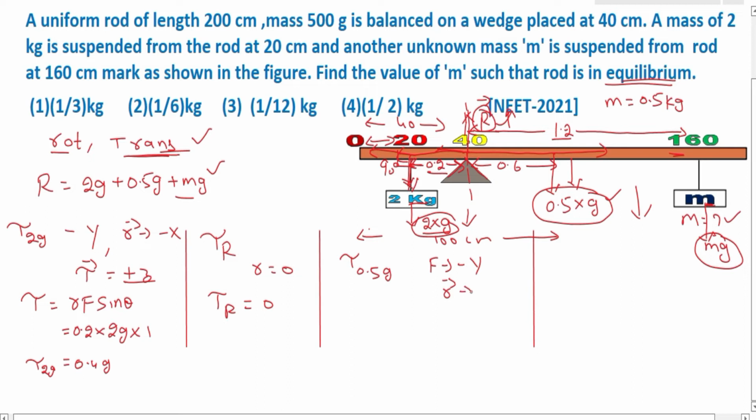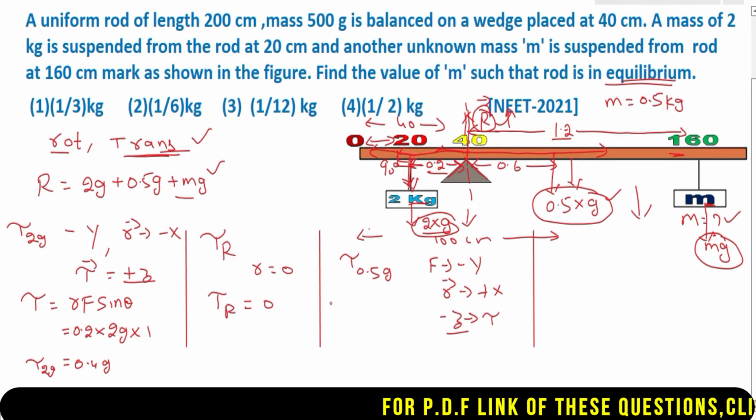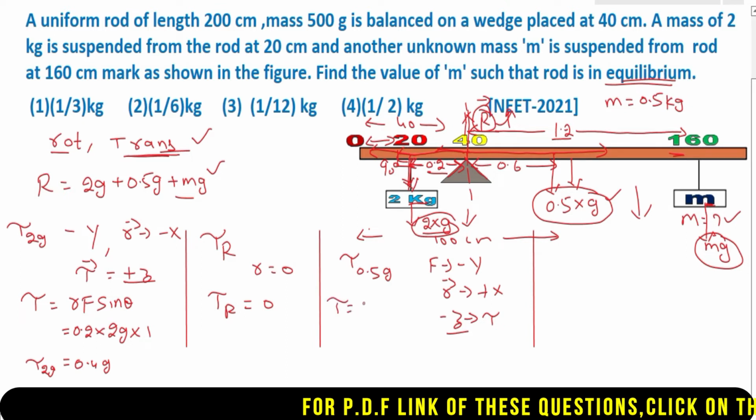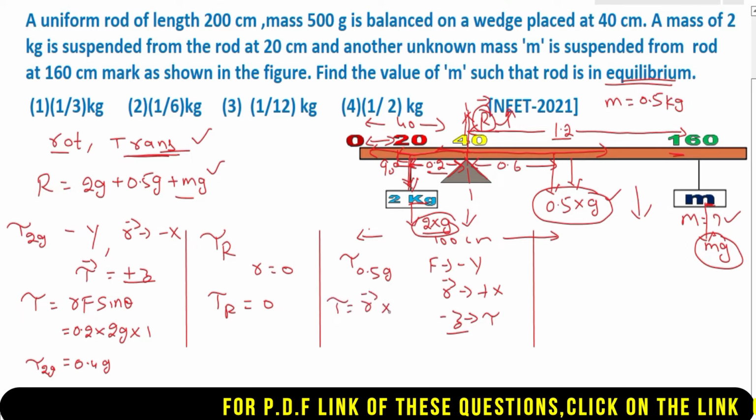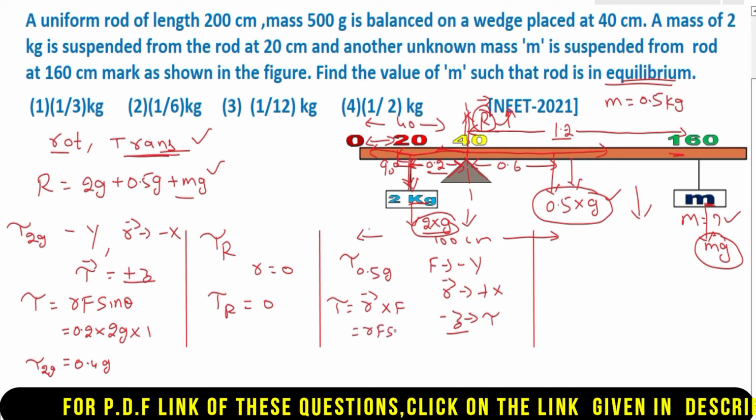If you curl your fingers from positive x-axis to negative y-axis, then your thumb points towards the negative z-axis. That is, your torque is along the negative z-axis, and its magnitude is torque tau equal to r bar cross f bar, that is rf sin theta.